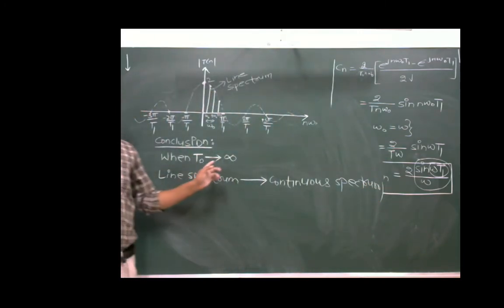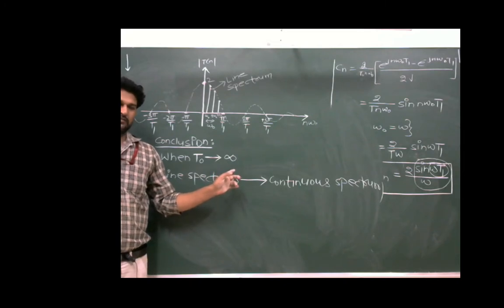When T naught tends to infinite, what will happen?